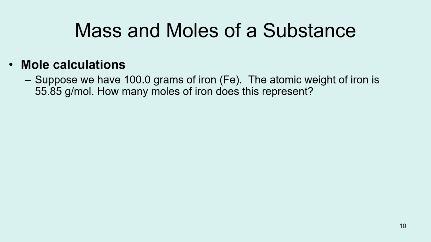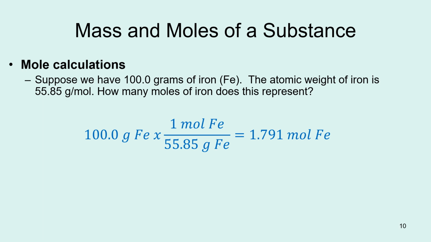Well, now that we know our conversion factor, we know that 1 mole equals 55.85 grams, we can set up our conversion factor. So I'm starting with what I know, 100 grams of iron. This time I want grams in the denominator because it will cancel. And I know that there's 55.85 grams for every 1 mole.